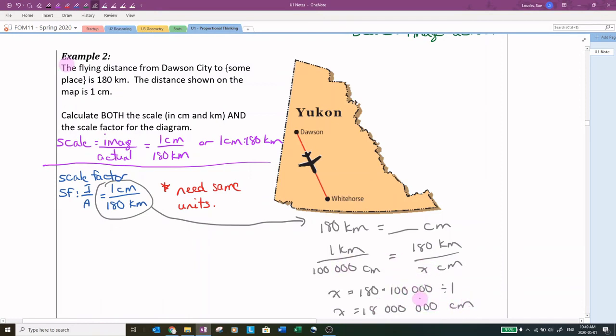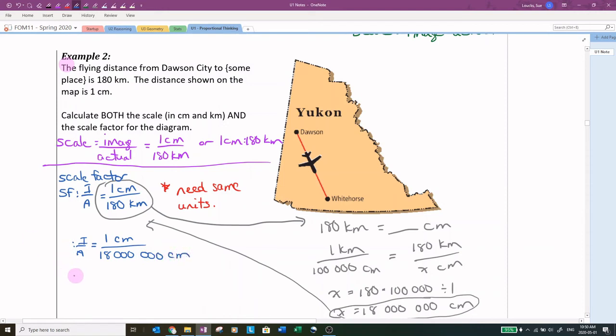Okay, so I'm going to take this number and I'm going to punt it back over here so that my scale factor now is still image over actual, and my image is 1 centimeter to 18 million centimeters.